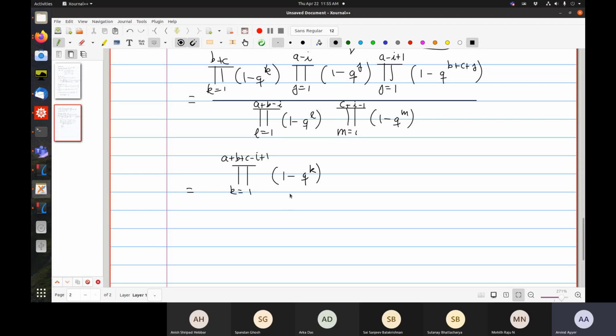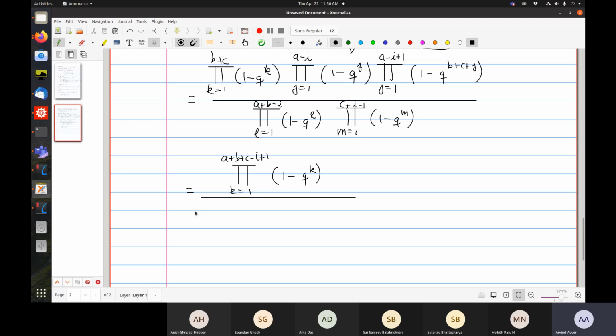Okay. And now look at these two terms, the middle term in the numerator and the first term over here. So the terms cancel up to a minus I. So it starts with a minus I plus 1 and goes up to a minus I plus b, and this term remains.